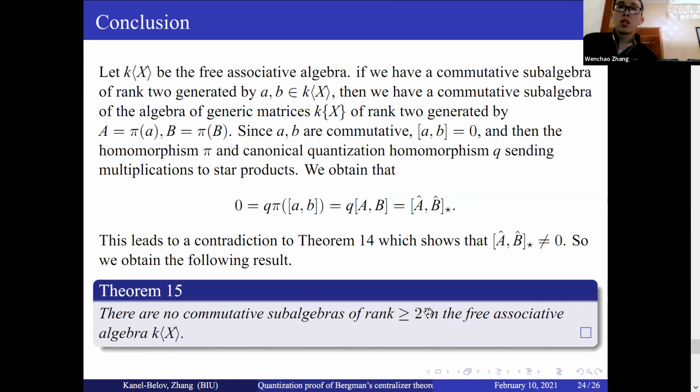So in this part we showed the key results of the Bergman centralizer theory, namely the equivalence of commutator 0 and algebraic dependence. So if the commutator is 0, then they are algebraically dependent.